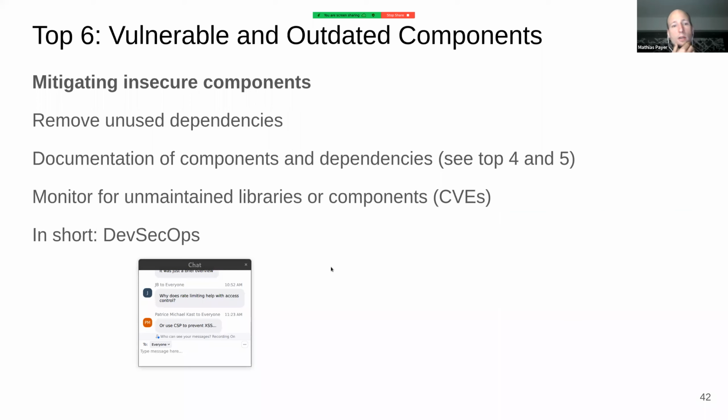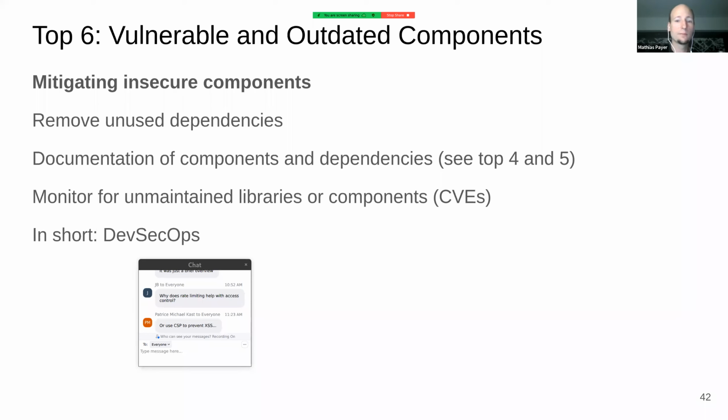Mitigating these kinds of insecure components is not too hard. You can remove unused dependencies. That's the first step. And you need to document components and dependencies in the first place to be aware of what the issues are, and then monitor for unmaintained libraries or components.